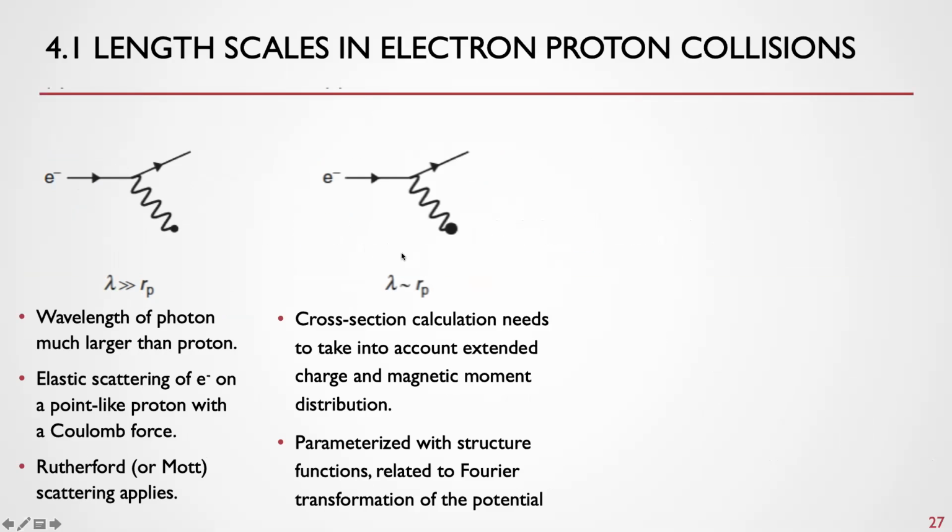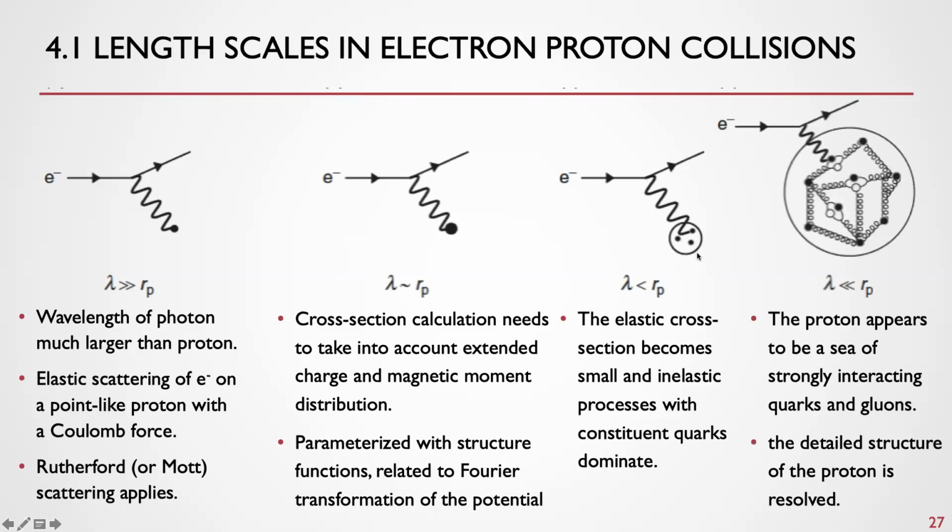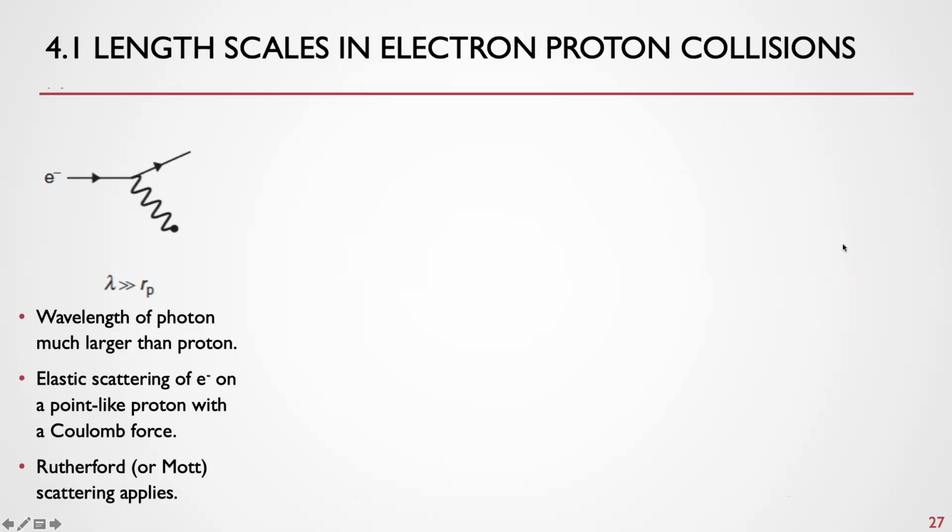Then when we increase the energy, reduce the wavelength so the proton appears a little bit bigger, or when the energy is so high that we can resolve the quarks inside the proton structure, or when the energy is so high that we really can have a precision understanding of the inner workings of the proton. This topic is deep inelastic scattering.